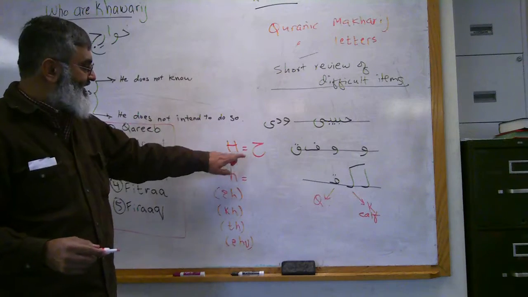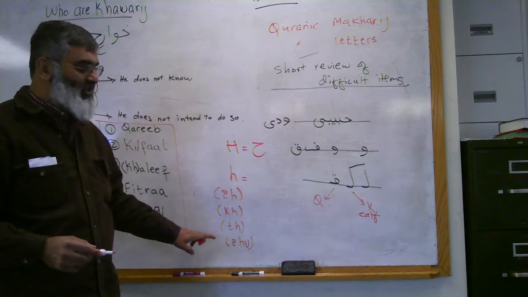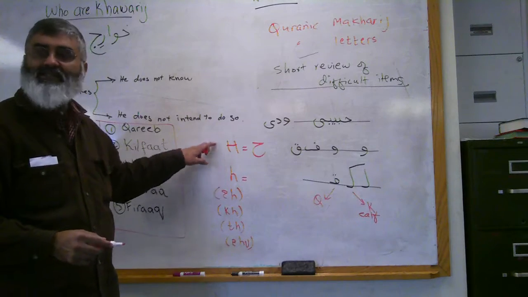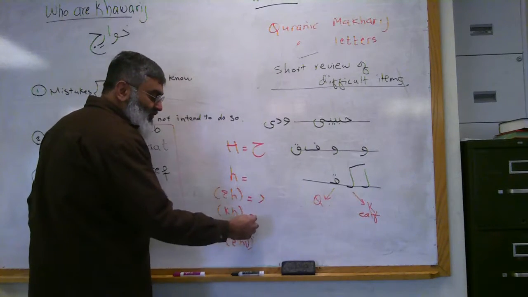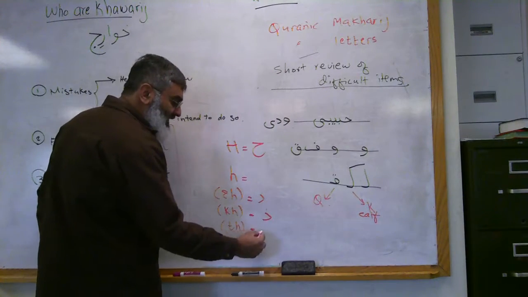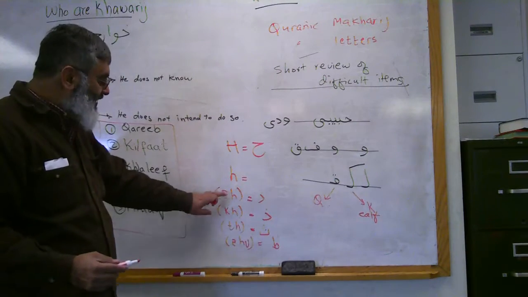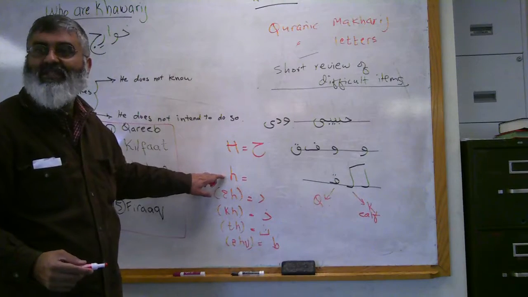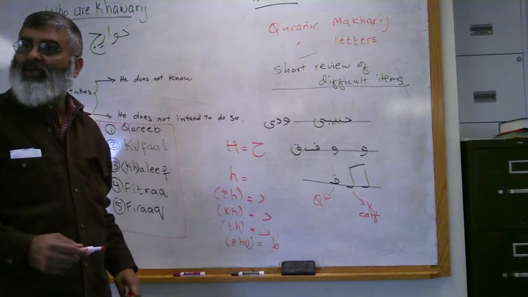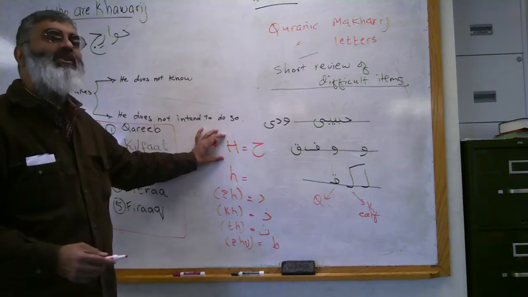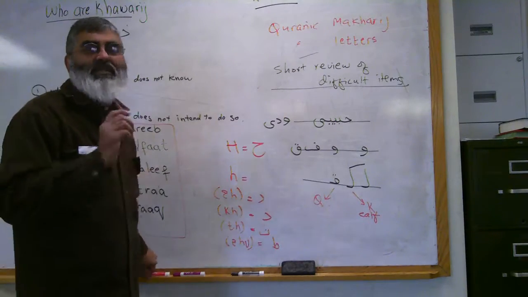Do I need to worry if it is this Ha or this Ha in case of these four? No, because this together is Dal. This together is Kha. This together is Tha. This together is Dha. You don't care about this H matching with this H. Standalone, lowercase h will be the new letter which you will learn on 1st of January. And standalone uppercase H is this letter. Are we clear on this?